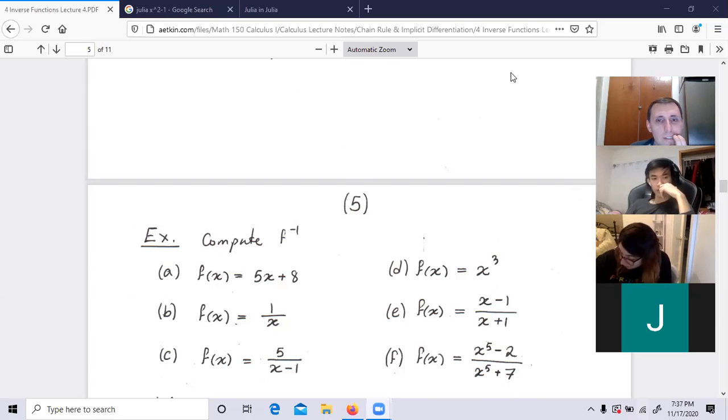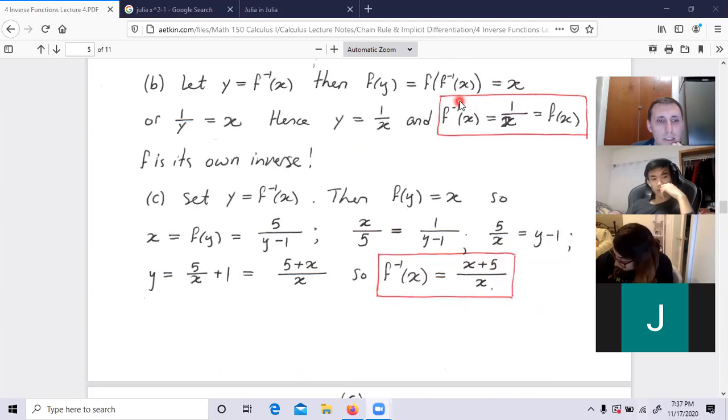All right, so let's suppose we know how to do that. You are correct. Here is what I do. I set y equal to f inverse of x. And then if I feed this y into f, I'll get x. Good? So x equals 5 over y minus 1.